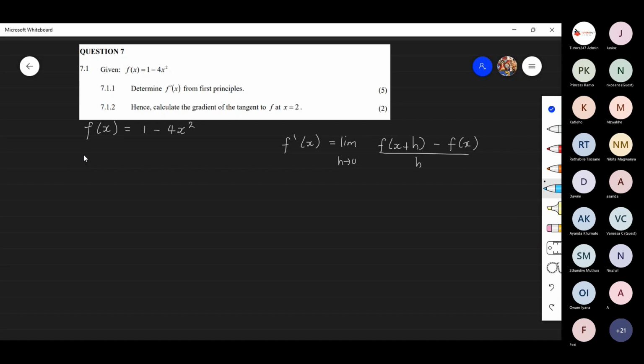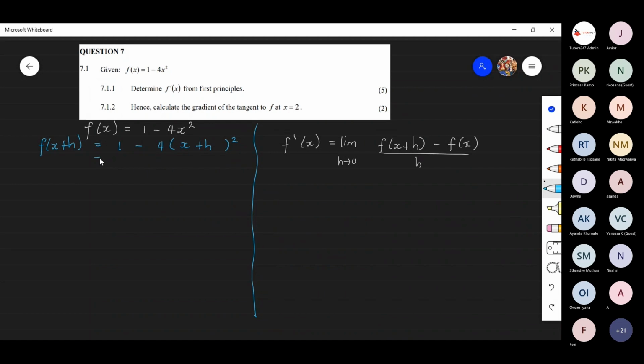Even if it's not squared, I always recommend that you replace it with the brackets in case there's a number or a sign in front of it that you then need to multiply into the brackets, okay?